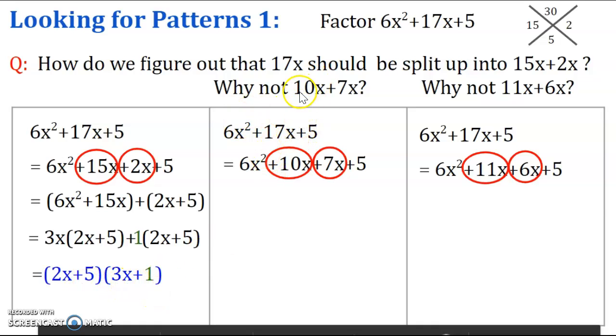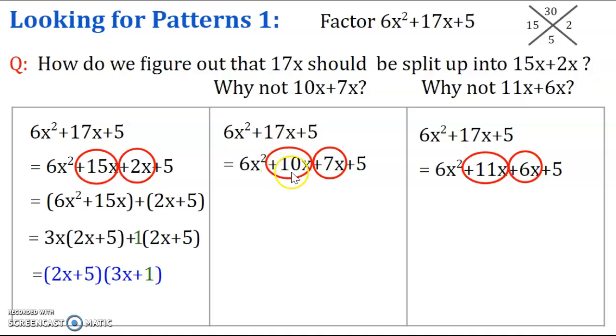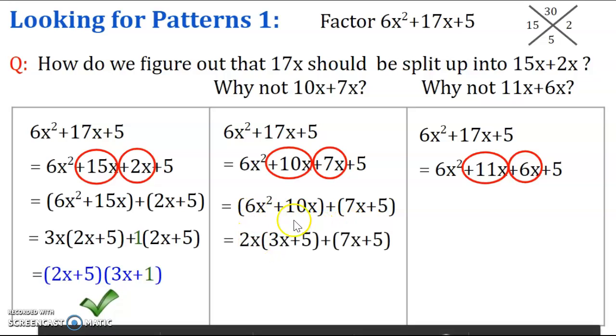Now, if we were to split the 17x as some other random numbers, 10x and 7x, what happens is after splitting it into two parentheses and then finding the common factors, you are not going to get the same common factor. 3x plus 5 and 7x plus 5, they are not the same.